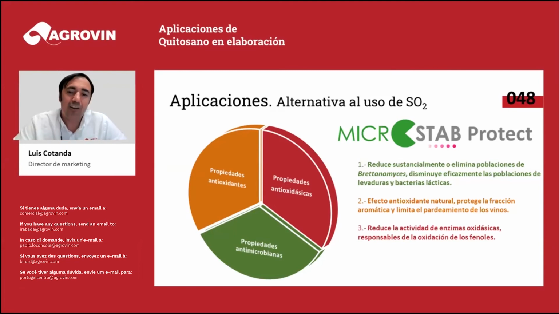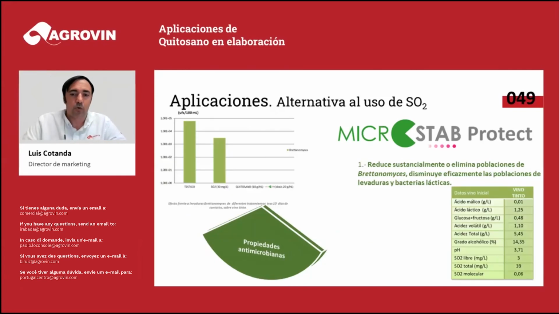And we have the antioxidant protection given by glutathione, sorry, and it also protects the aromatic fraction because of this natural antioxidant effect, and it reduces the activity of oxidative enzymes responsible for phenol oxidation. We saw that a dose of 20 grams per hectoliter was enough.